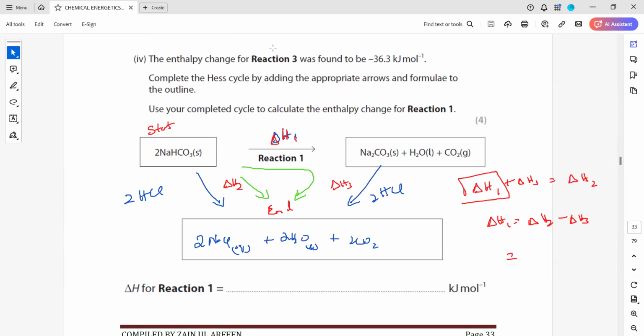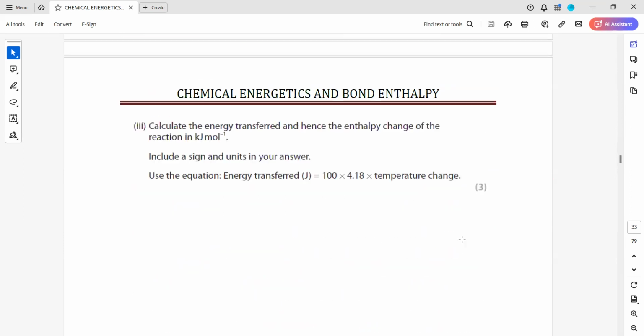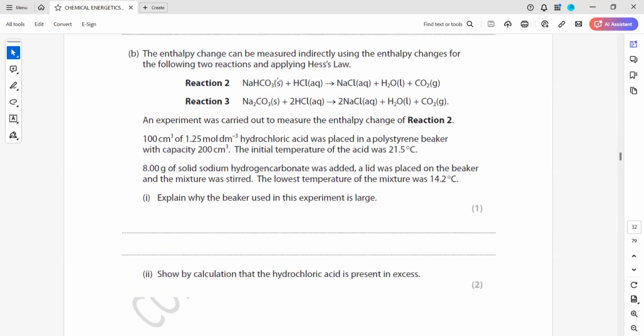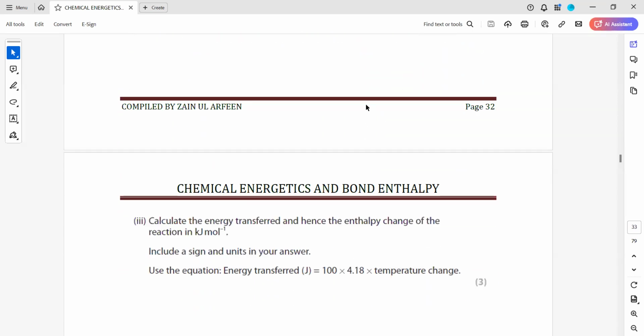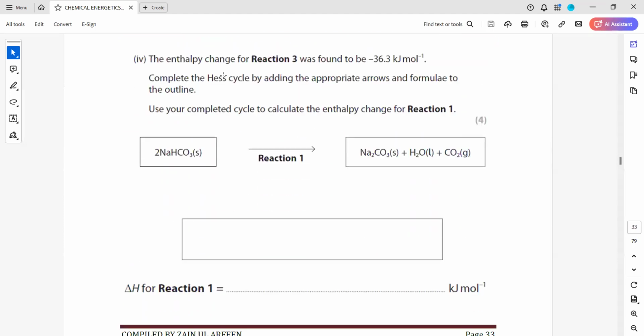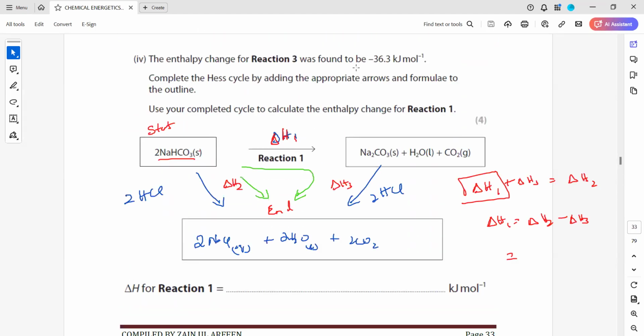How many moles of sodium hydrogen carbonate are used? Because when we calculated for this equation, for 1 mole of sodium hydrogen carbonate, the enthalpy change for that reaction. But now, we have 2 moles, so this delta H2 will be twice.